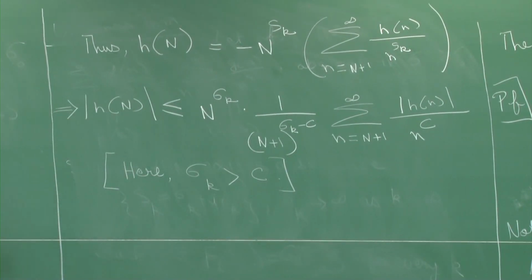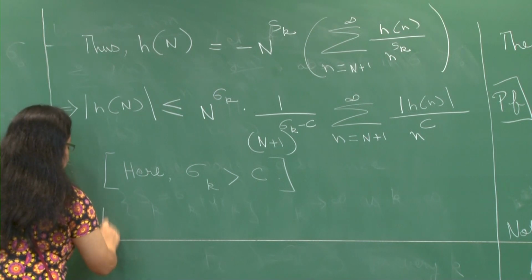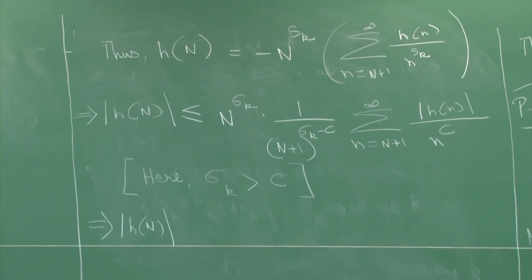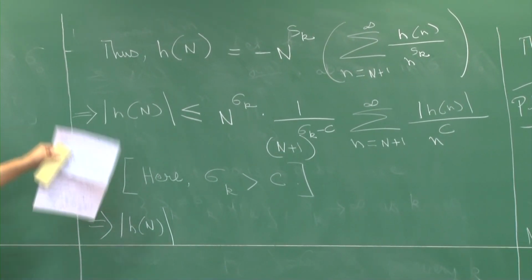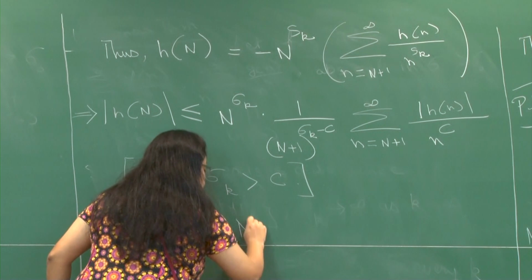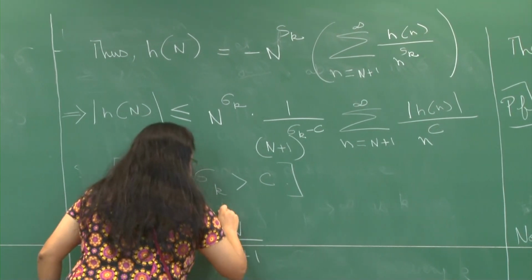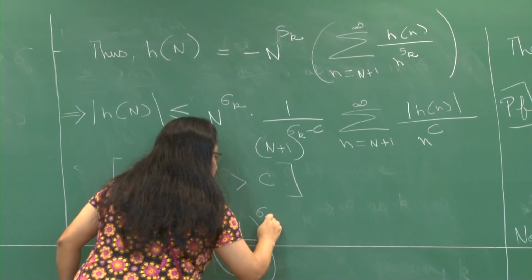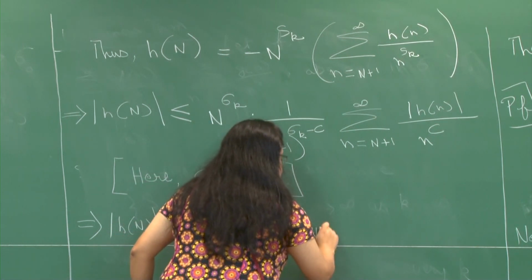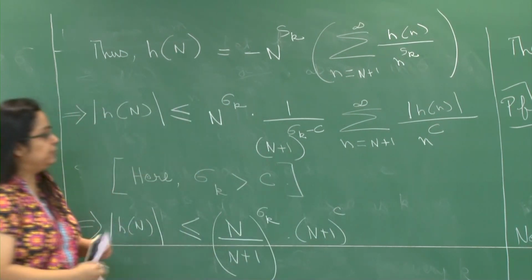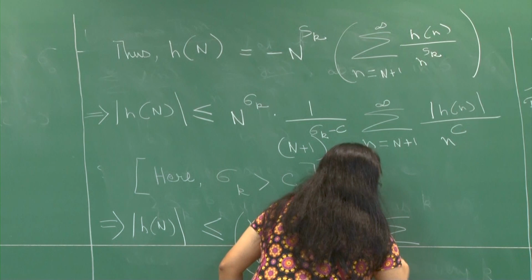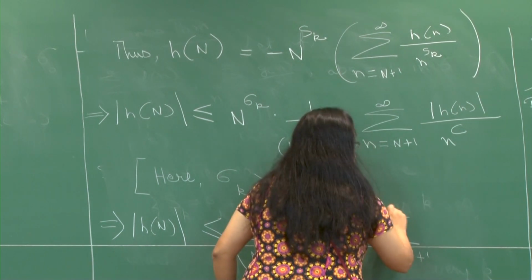Now, note the following. This implies that the absolute value of H of capital N, which we had started off with the assumption that it is not equal to 0, is less than or equal to N over N plus 1 raised to the sigma sub k, times N plus 1 raised to the c. So, we are just taking this to the top, and you have another sum which you know is a finite sum.